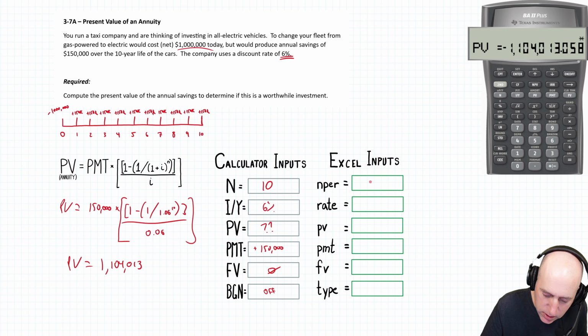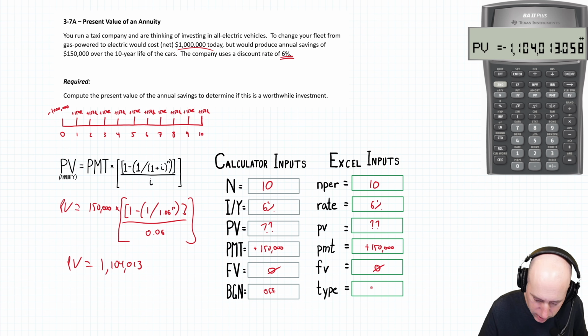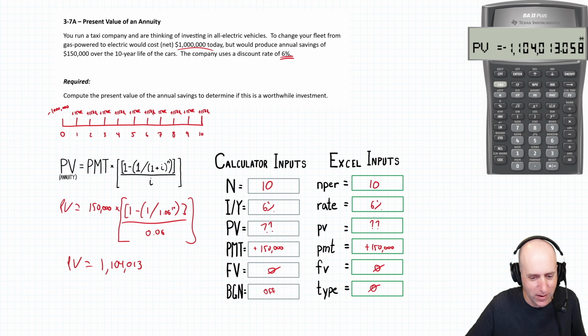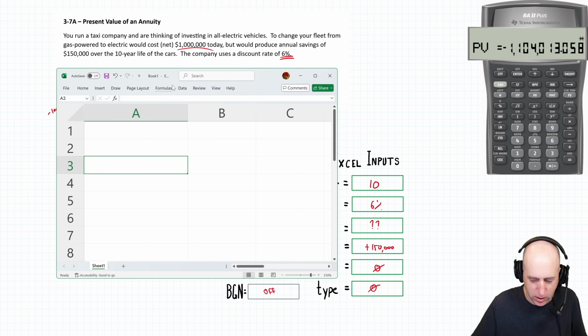In Excel, it's the same inputs, 10, 6%. We don't know that one. 150 for payment, 0 for FV. And again, begin is off, which means the type in Excel is 0. That is an ordinary annuity. Type 1 is annuity due. Just that's Excel lingo here. So let's do our Excel inputs.